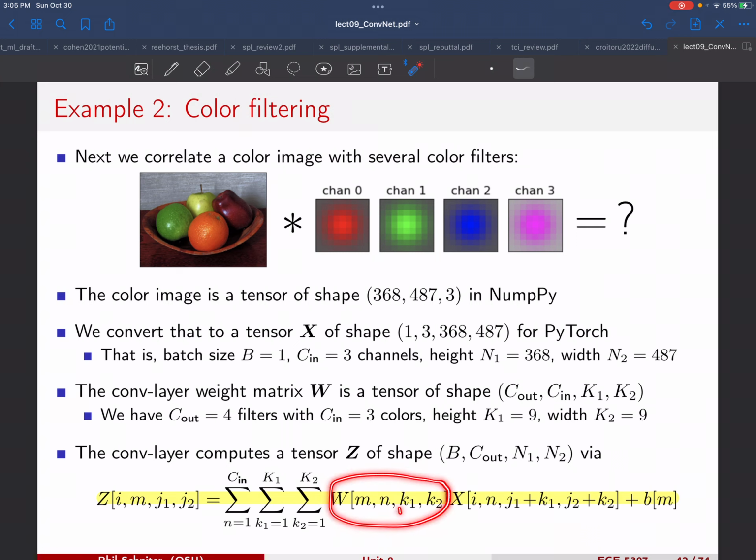That's this one, where you look at all the different K1, K2, and that kernel gets convolved with this input image of that input channel. Once you've convolved all these different kernels n across input channels n, you sum across n, and you do that for every fixed m. And finally, we just have one single scalar bias for each output channel. So that same bias is used for all the different pixel locations.